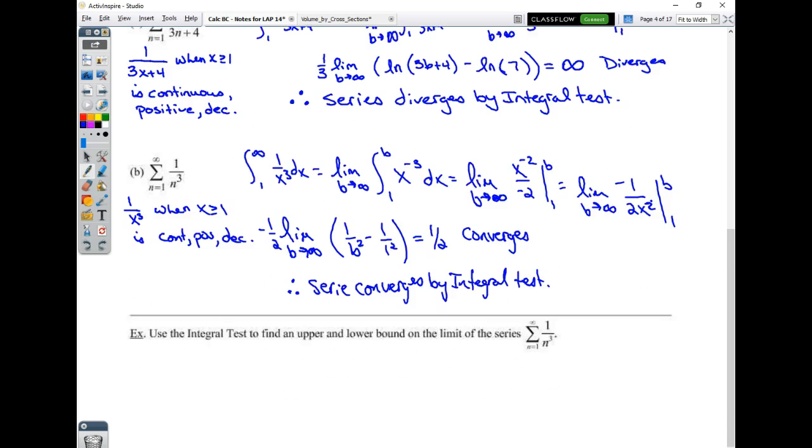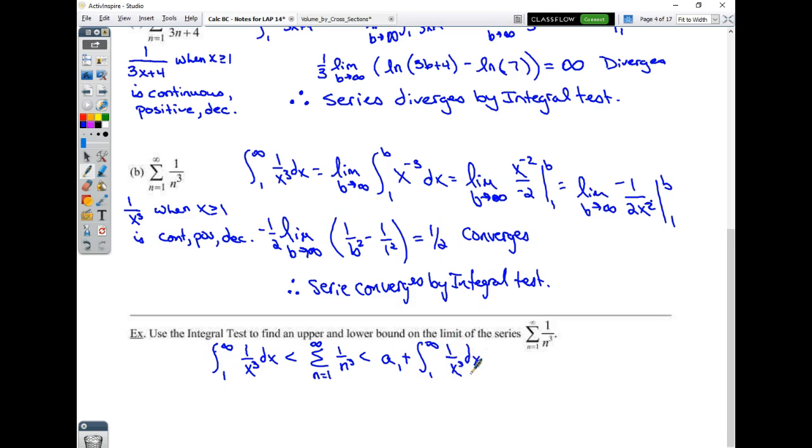What this states, and it's actually up here on the top inside your theory spot, is that the integral from 1 to infinity of 1 over x cubed dx is smaller than my series, which is smaller than the first term plus the integral.